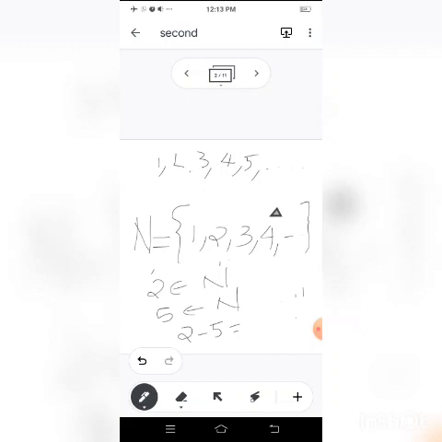Yes, 2 minus 5 equals minus 3. That does not belong to the natural number set.